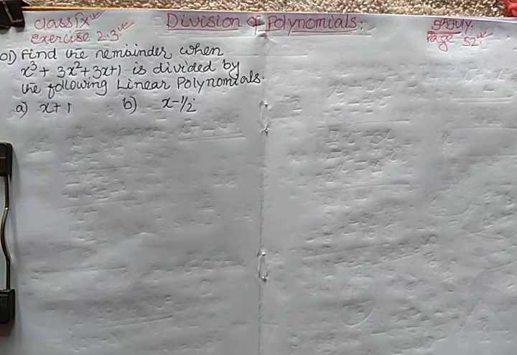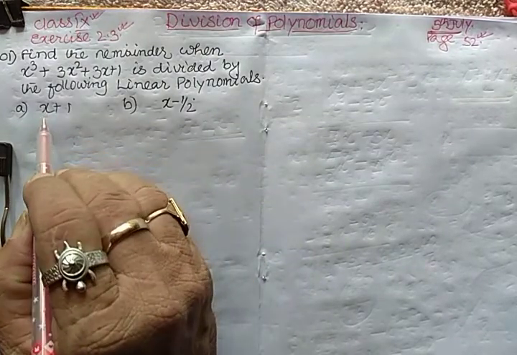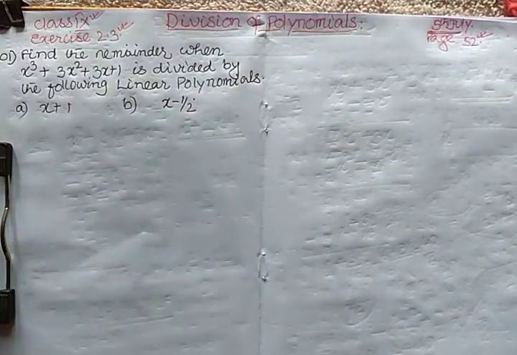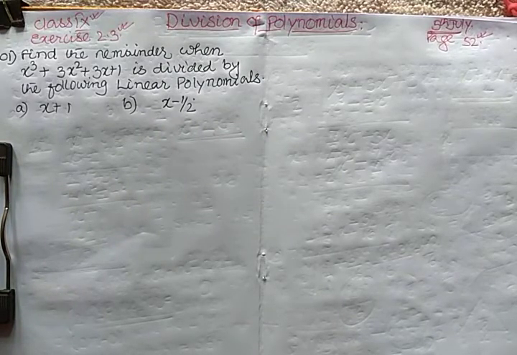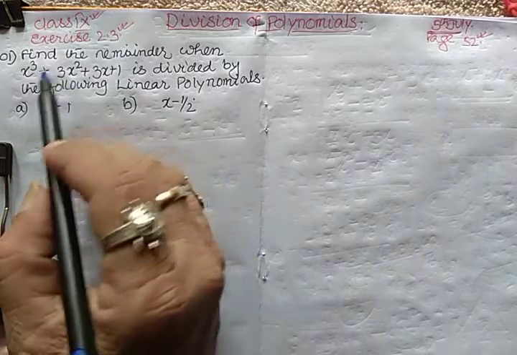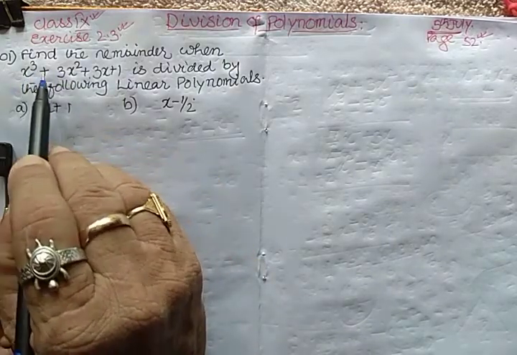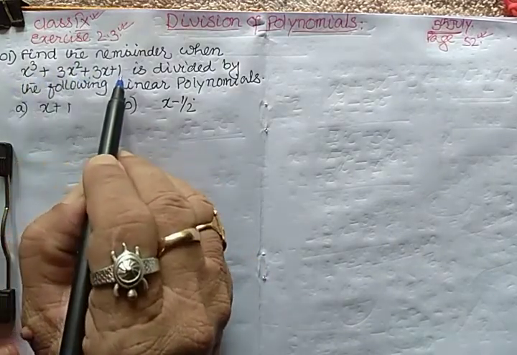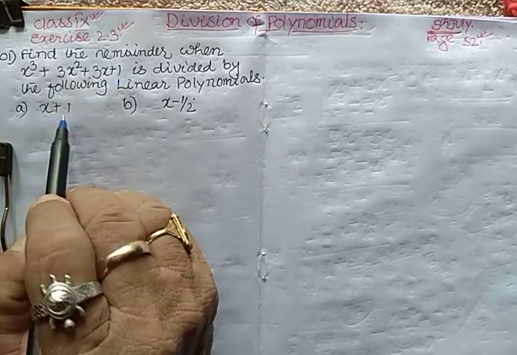Out of that, I selected 2. The first one is to divide by x plus 1 and the second one by x minus 1 by 2. So let us see how to divide x cube plus 3x square plus 3x plus 1 by x plus 1.